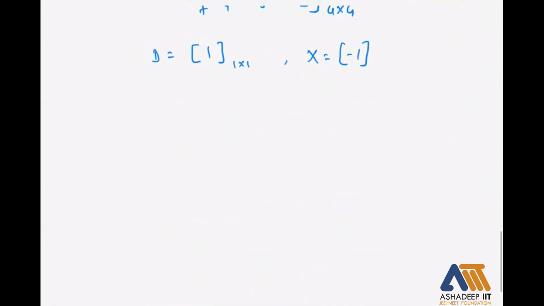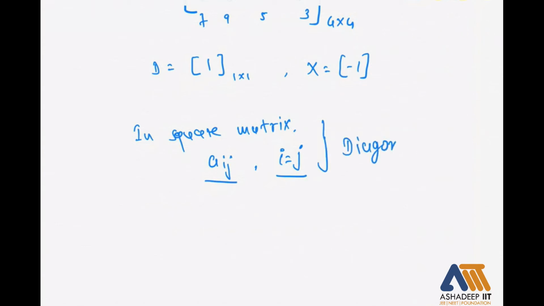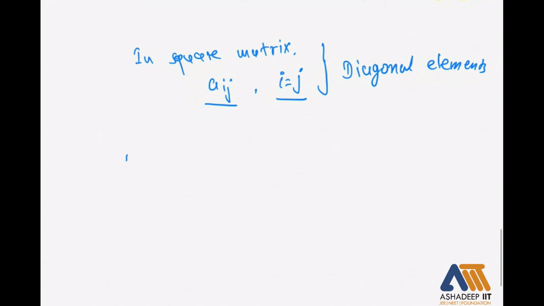Now in a square matrix, the elements Aij for i equal to j, all these elements are said to be diagonal elements. For an example, I consider -1 0 2 5, this matrix.